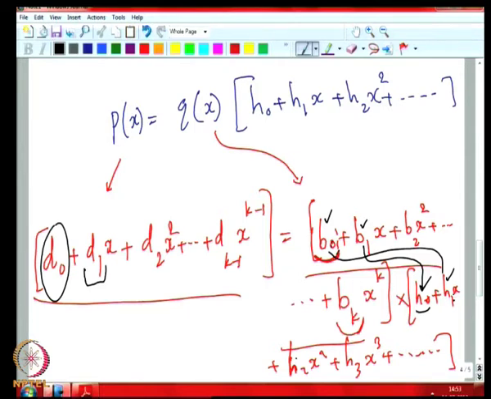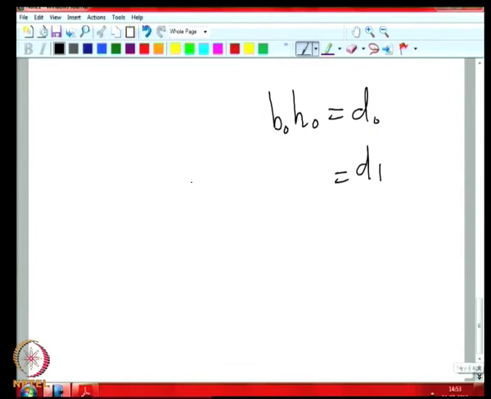So b0 h1x will come. Here b1 has an x, b1x. So we have to multiply the constant terms of the second part, right, b1 into h0. That is what we will get. So b1 into h0 plus b0 into h1 will be d1.